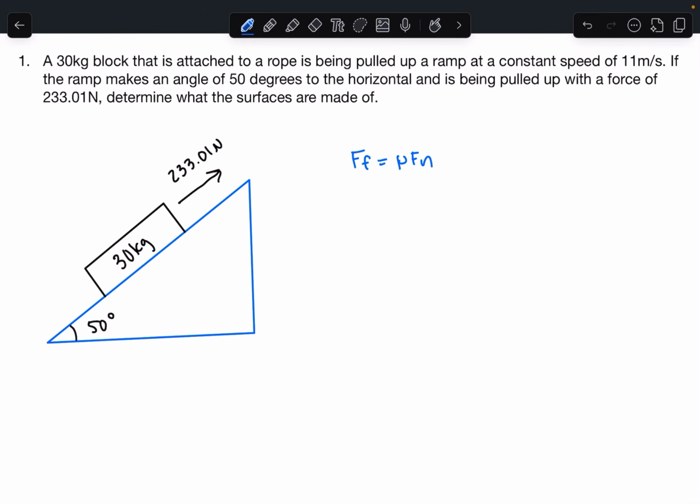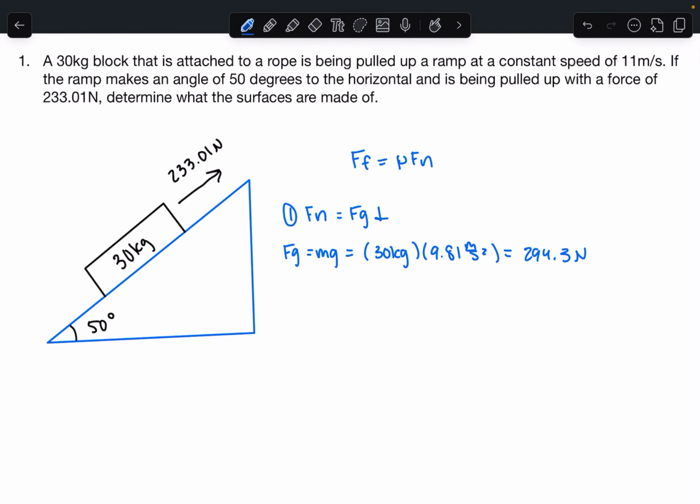So the first step we should do here is find out what Fn is. Since we're on a slant, that tells us that Fn equals Fg perpendicular. We don't have Fg yet, so let's solve for Fg. Fg equals mg, which is 30 kilograms times 9.81 meters per second squared, which is 294.3 newtons.